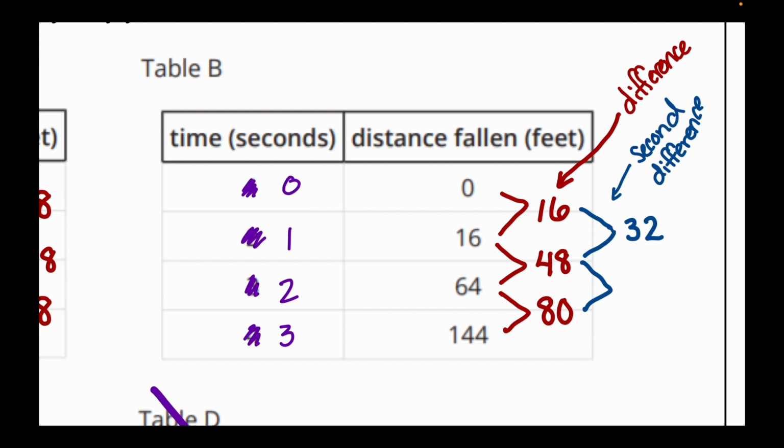And this one you'll also get 32. So whenever the second difference, or the difference of the differences, is the same, that is your hint that this is a quadratic relationship and that it has something to do with x squared.